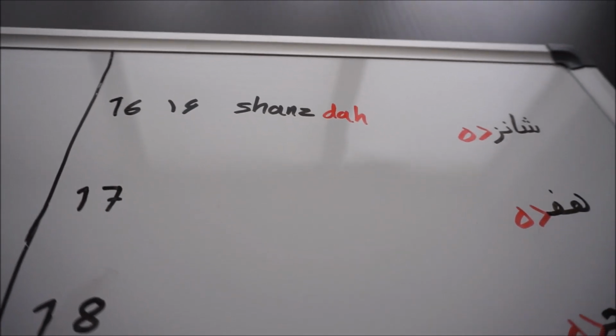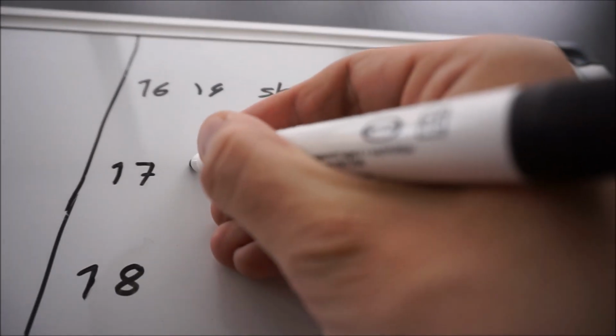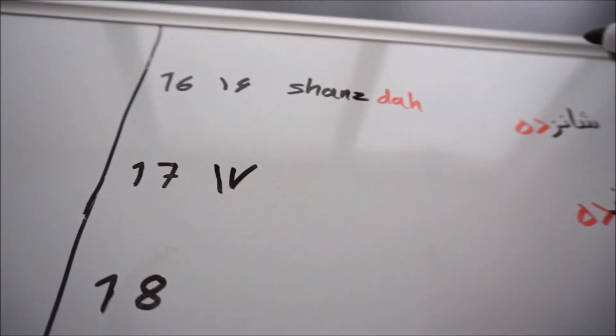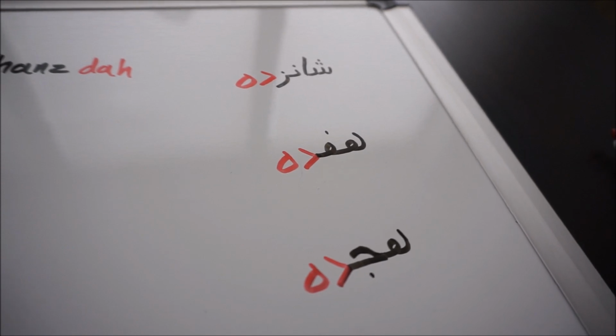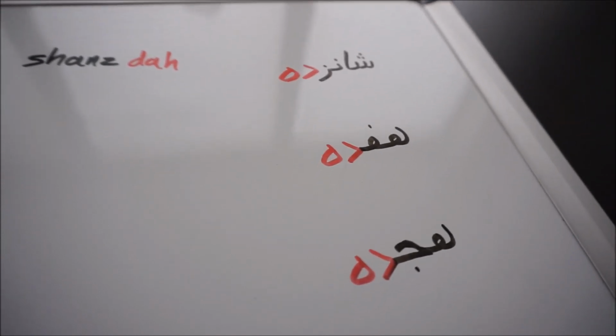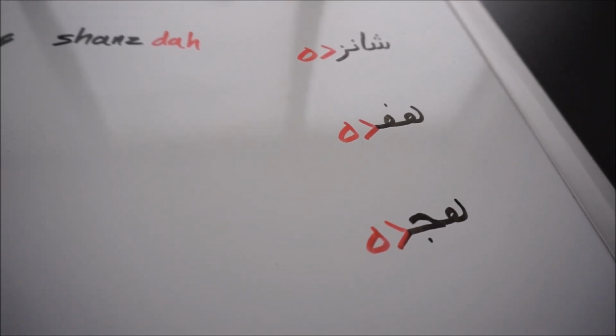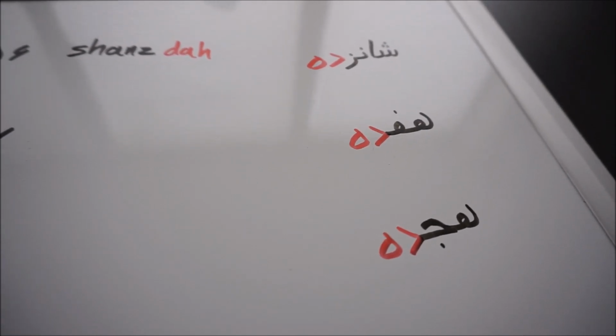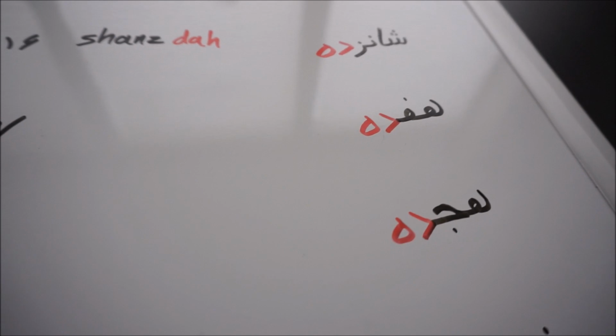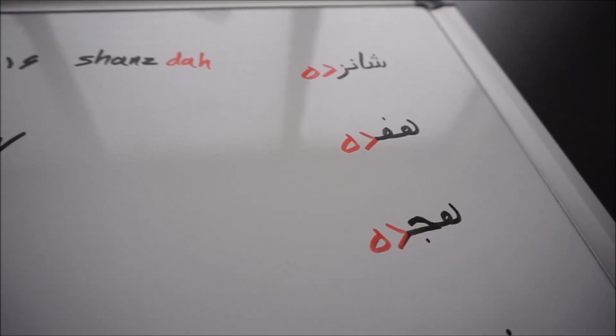Number 17. We know the symbol, the downward arrow. And number 7 was called haft. Here it becomes hif. But another thing to notice here is that both 17 and 18 have 2 different pronunciations, one for colloquial and one for written or formal Persian. I will use the colloquial ones.